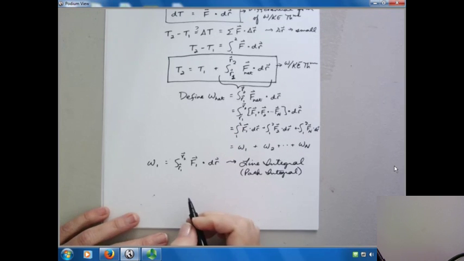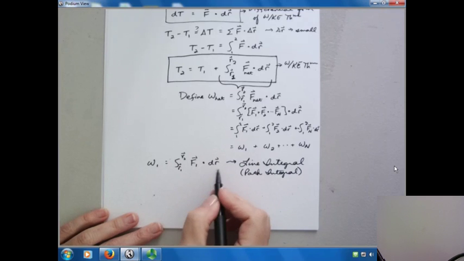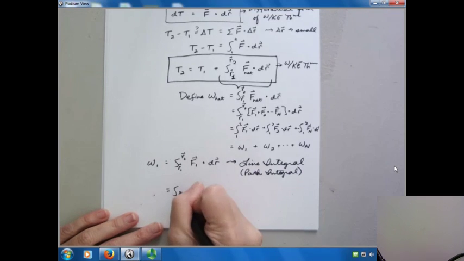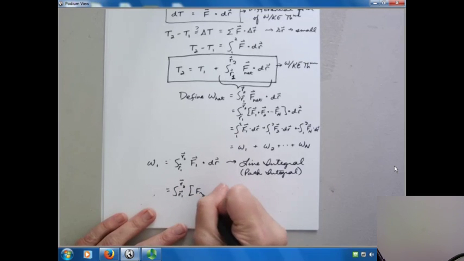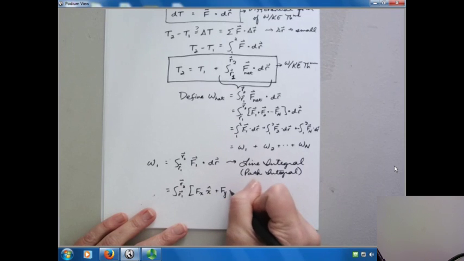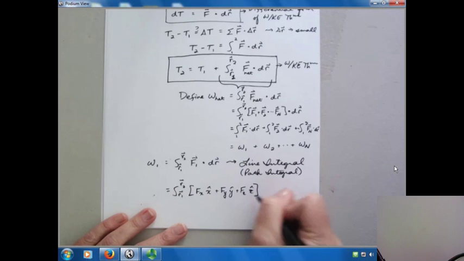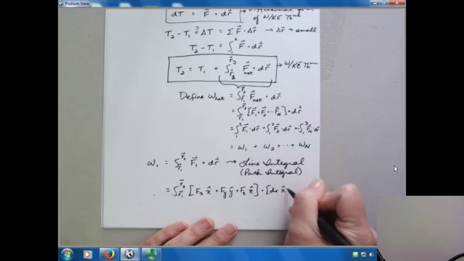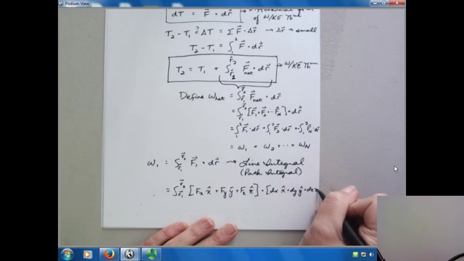All right, so just reminding ourselves what each of these things are that we're taking the dot product of, R1 to R2, of f_x in the x direction, plus f_y in the y direction, plus f_z in the z direction, dotted with dx in the x direction, plus dy in the y direction, plus dz in the z direction.